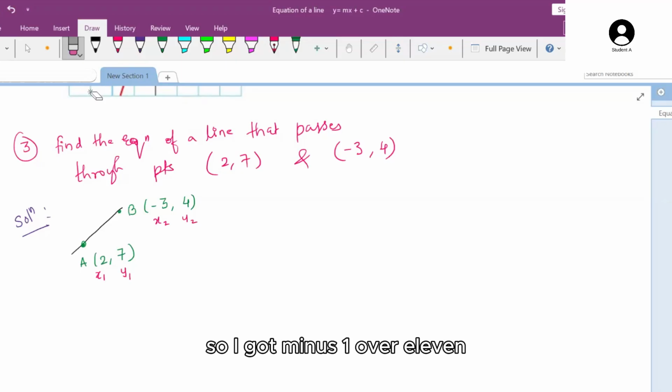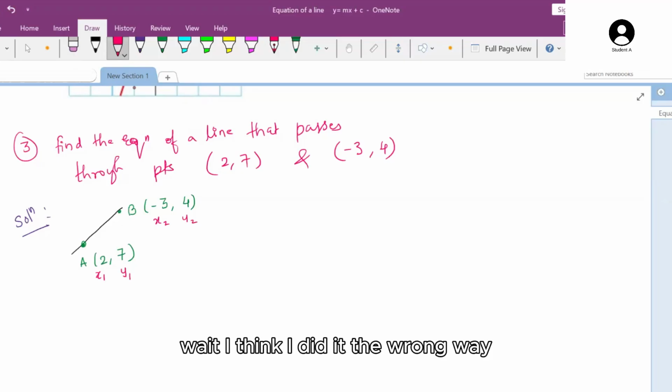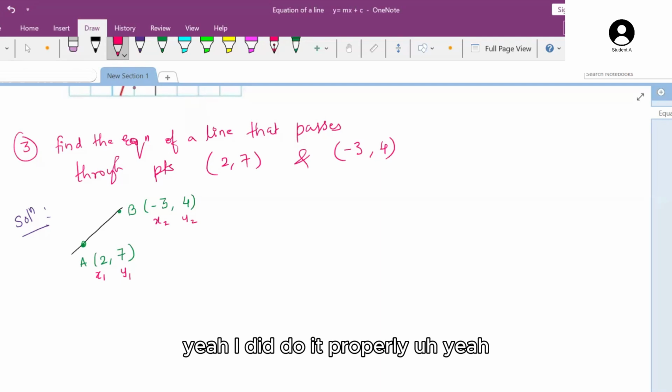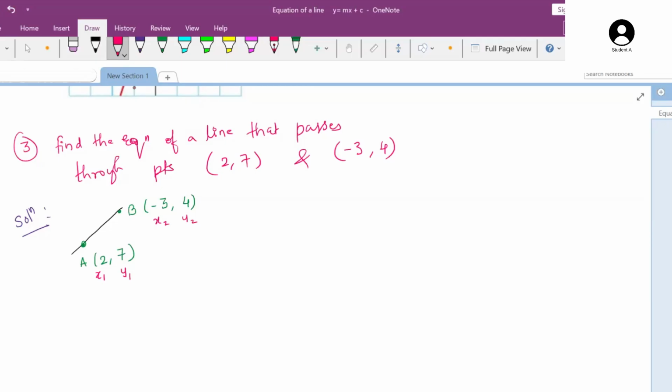So I got -1 over 11. Wait, I think I did it the wrong way. It's 11 over -1, so that means the value is going to be -11 for m.